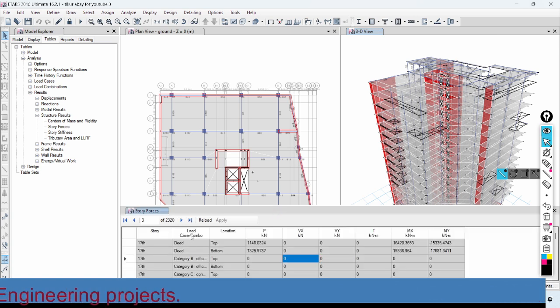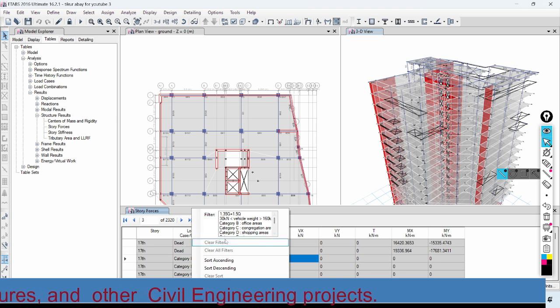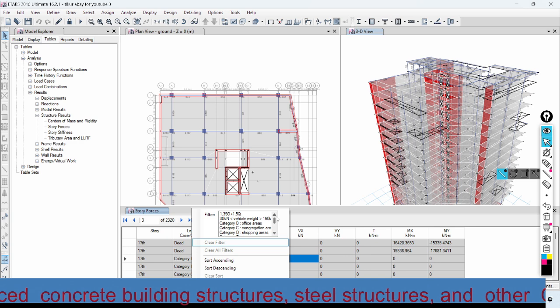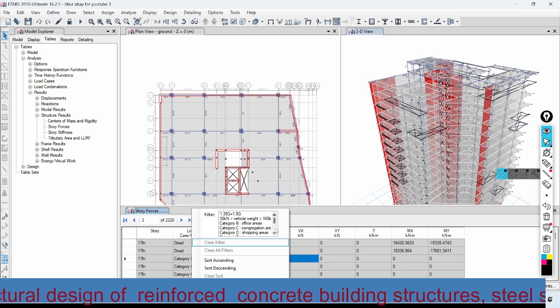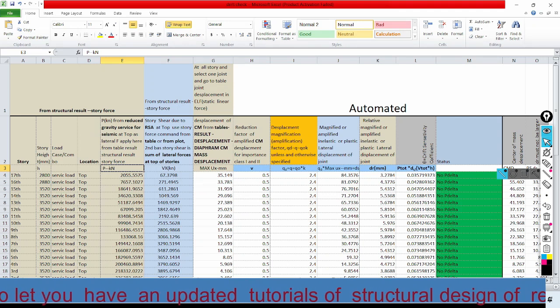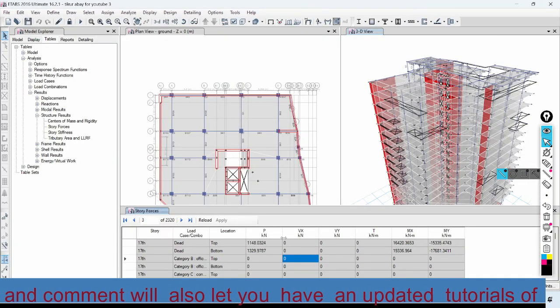Okay, here the load case has to be selected. I need to use this one, which is the reduced service gravity load.